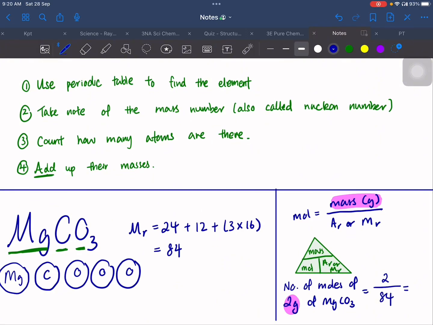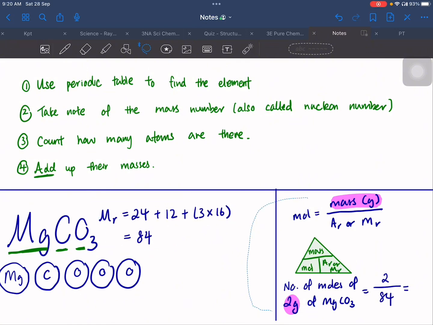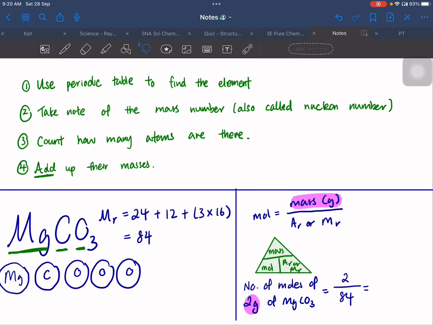Yep, and if you key in correctly, you will actually get a long running number. So let me shift some of these things away so that we have more space to look at what exactly the number is. When you key in the calculator, you should end up with 0.023809552, etc. This will be a very long set of numbers, but you must remember that in chemistry, when the number is like this, we always simplify it to just 3 significant figures.